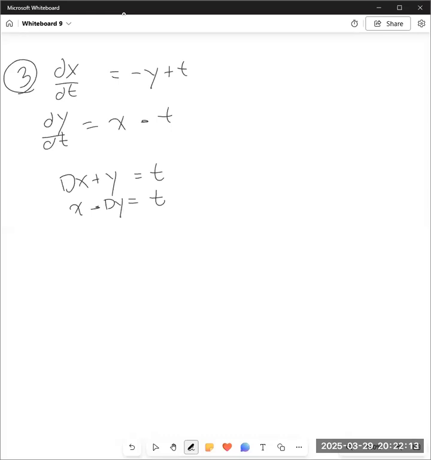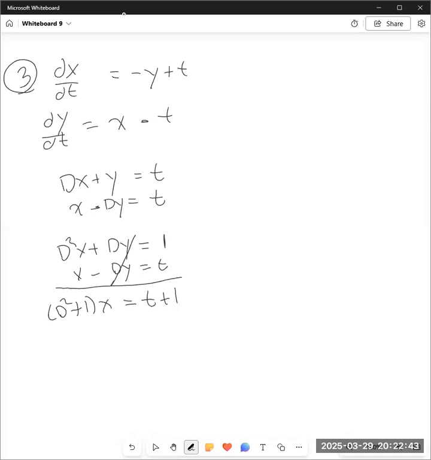So I'm going to differentiate the first equation here. Get D²x plus Dy equals the derivative of t with respect to t, which is 1. Let's leave this one alone and eliminate the Dy. So we get (D² + 1)x is equal to t + 1.